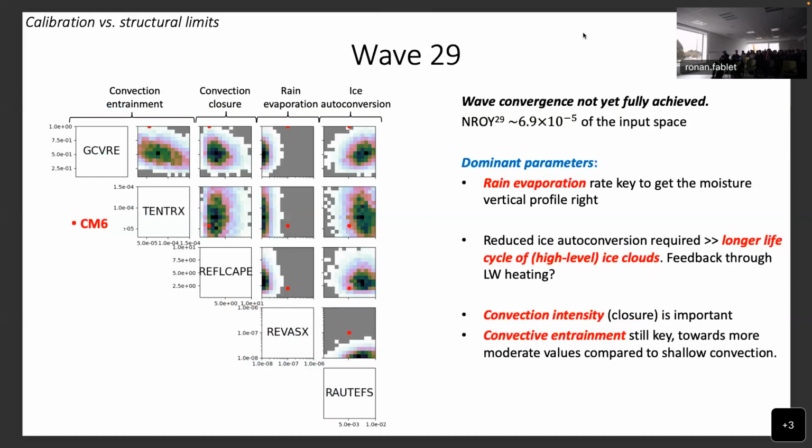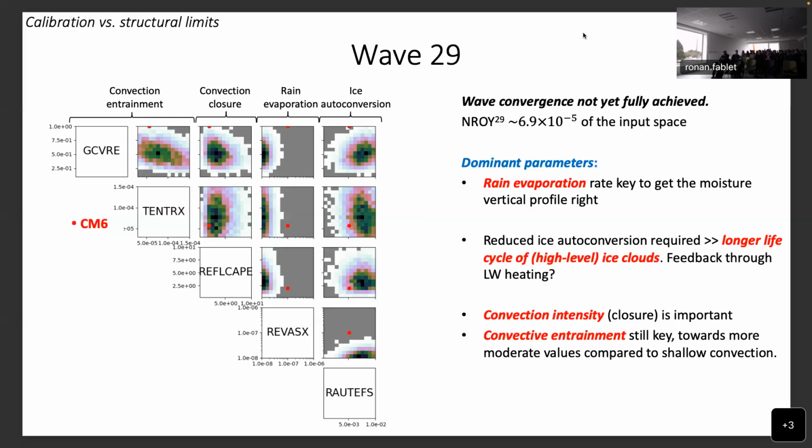Also, the evaporation of rainfall starts to be really important, which is in particular the case for the moisture vertical profile. And we also have the ice autoconversion process that appears, meaning that the life cycle of ice cloud, in particular high-level ice cloud, and the way they probably interact with the long-wave radiation is important to get the profiles.